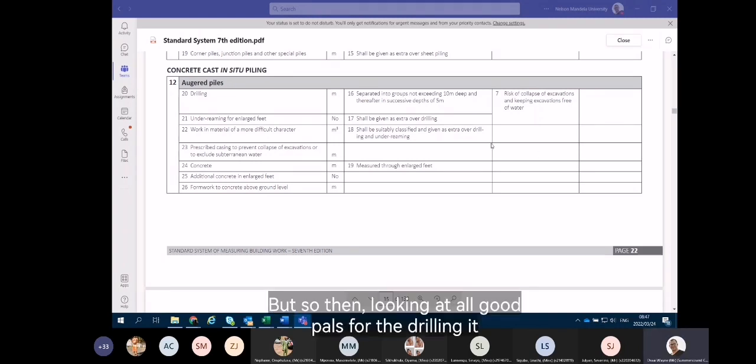Right? So, looking at auger piles, the drilling is measured in meters, and it is very important that when we measure the drilling, it shall be separated in groups not exceeding 10 meters deep, and thereafter in successive depths of 5 meters. So what does that mean?